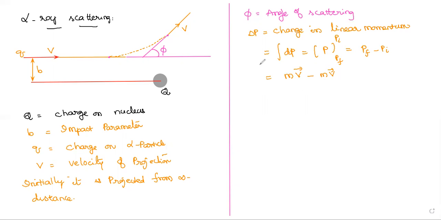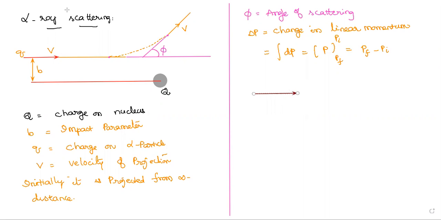So here, don't take it as zero, Nana. Why? Because their directions are not the same. So here the change in linear momentum, instead of writing like this, I write it as this is the initial linear momentum direction I'm mentioning here.